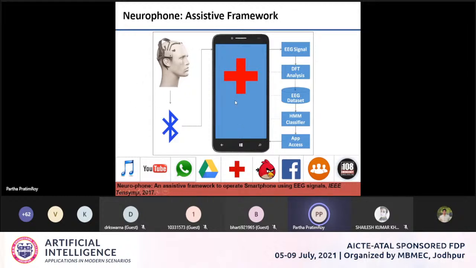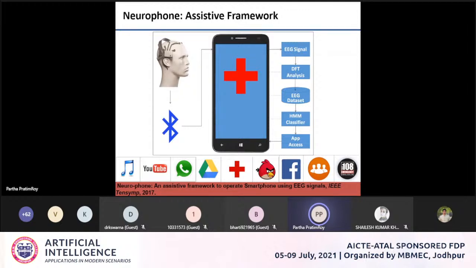A photo appears on the smartphone, and he has to see this picture and imagine it. That time, this photo is the stimulus, and we record the EEG signals, which correspond to this plus symbol. If we show this angry bird, the EEG signals at that time will correspond to the angry bird symbol.